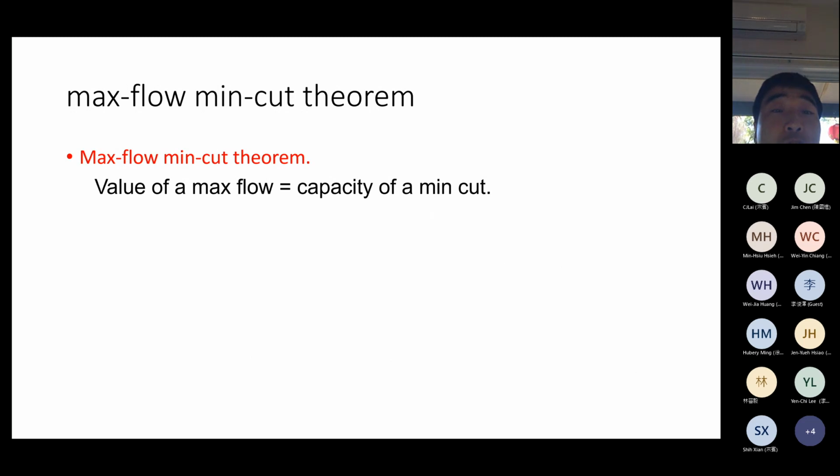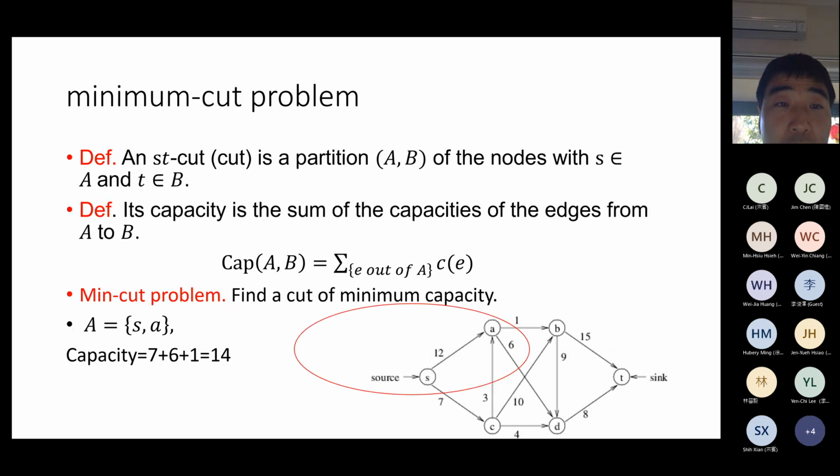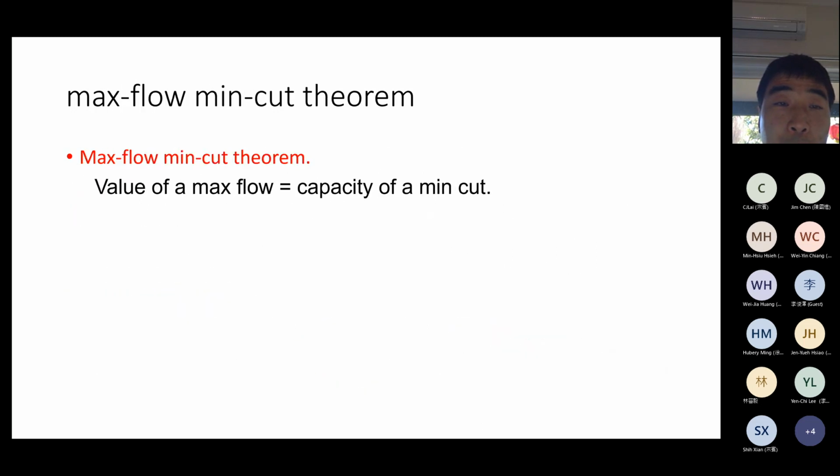And the classical max flow min cut theorem states that for any network, the value of a max flow equals the capacity of a min cut. Because you remember that here the max flow is 14, and here the min cut is also 14.